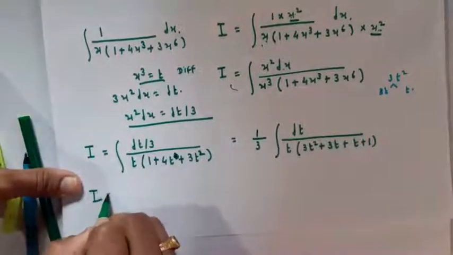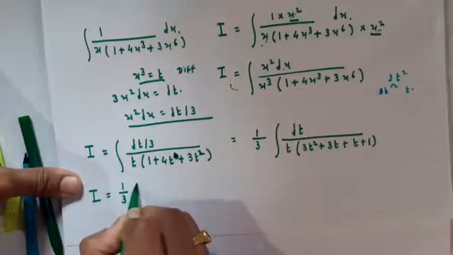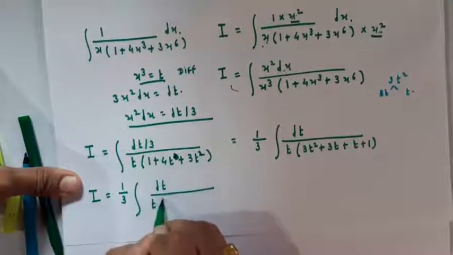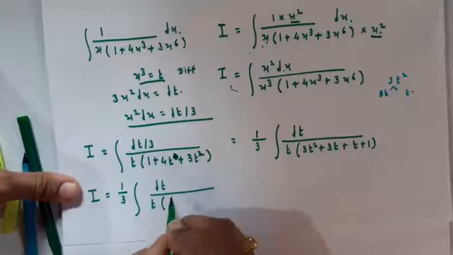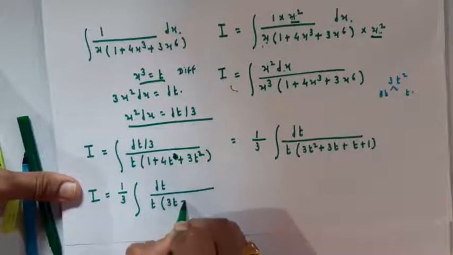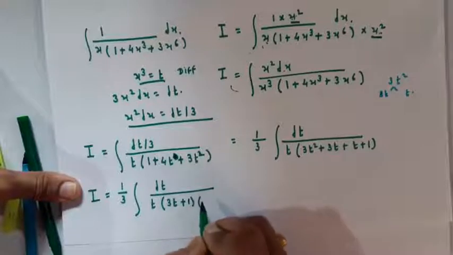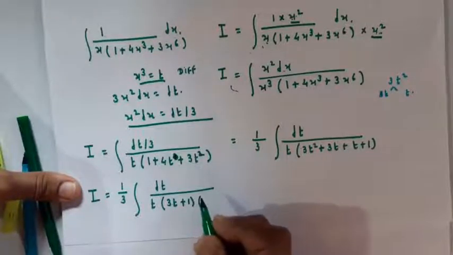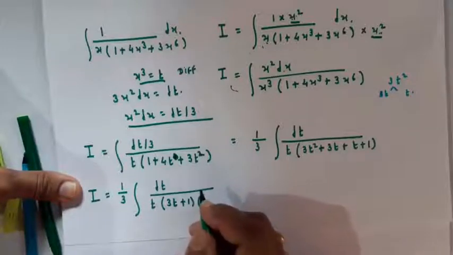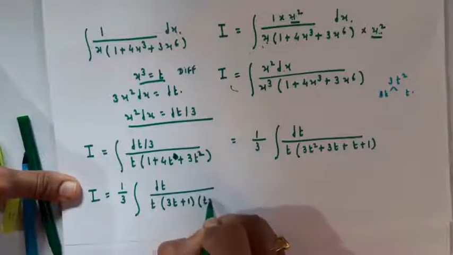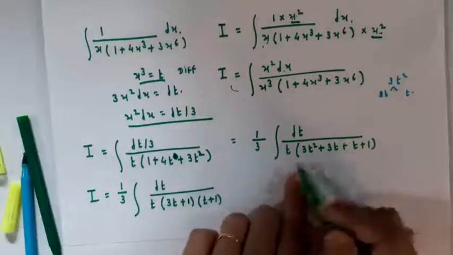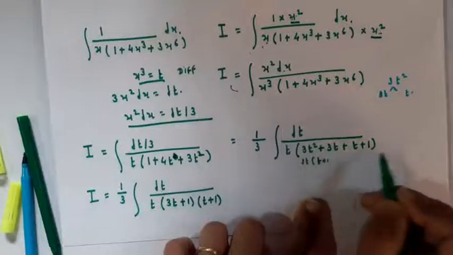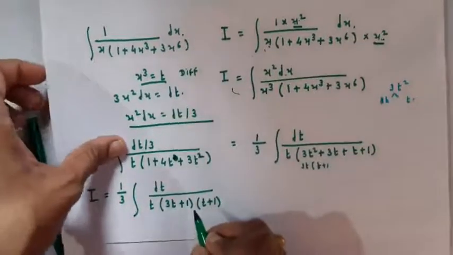Therefore the integration I equals 1 upon 3 with respect to t, that is equal to t into 3t plus 1 into t plus 1. Taking 3t common, that will be t plus 1, 3t plus 1. These are the factors.